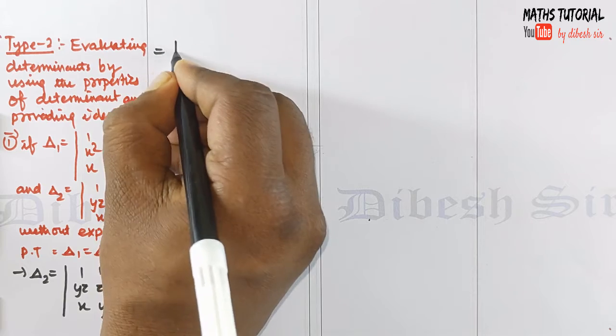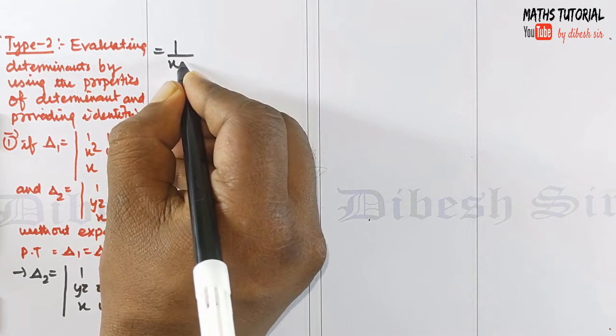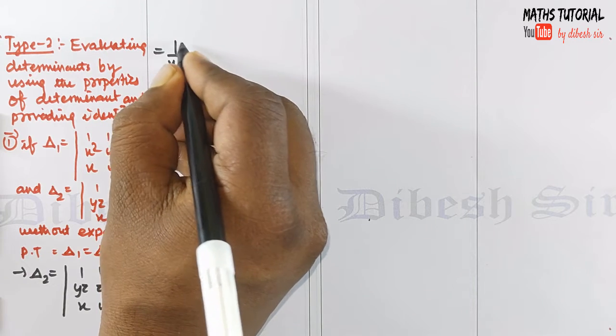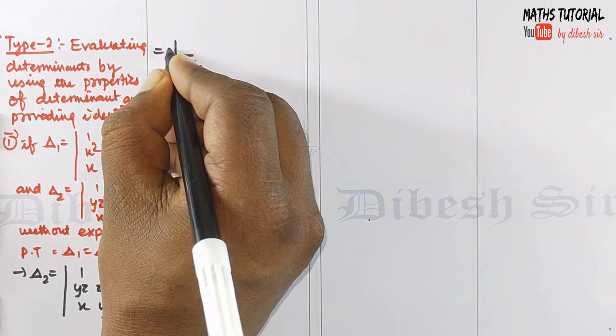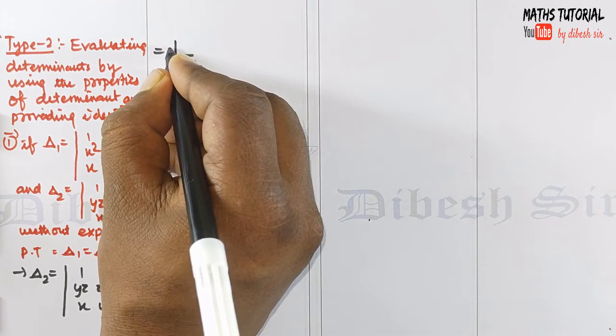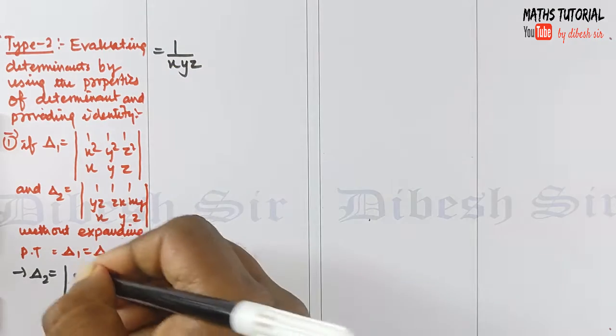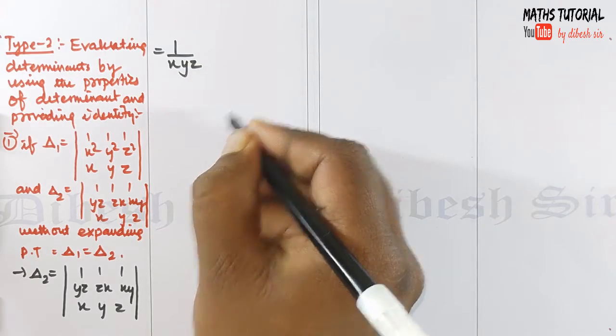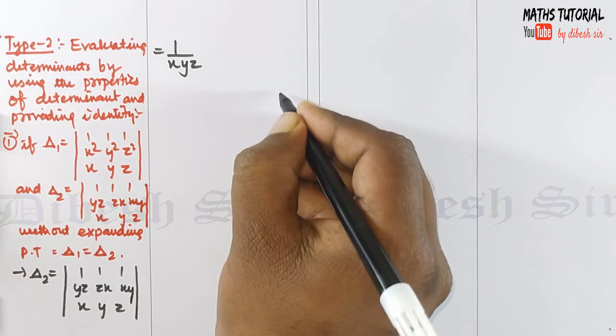To make it easier, multiply by 1 by xyz, such that here also xyz, but multiply this x with the first column, this y with the second column, this z with the third column.